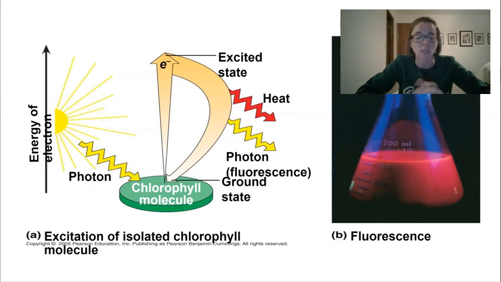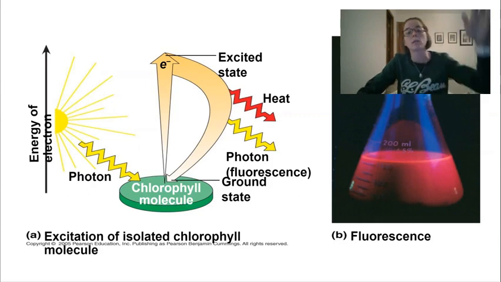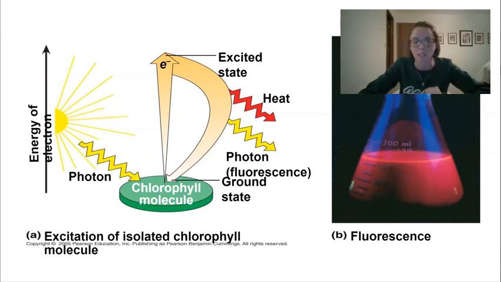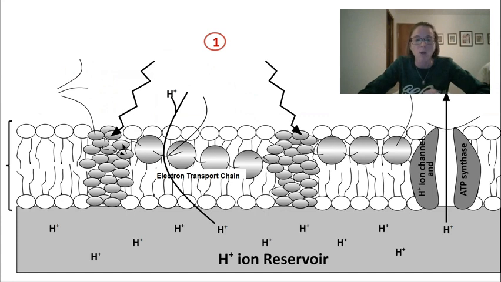Some light still gets re-reflected away, and eventually that electron falls back down into what's known as a ground state, or just a relaxed state. Put number 1 right here in your diagram, because that's what's happening. It's this lightning bolt on the one side and a lightning bolt on the other side. That's what's happening. Label it light energy, pretty please.